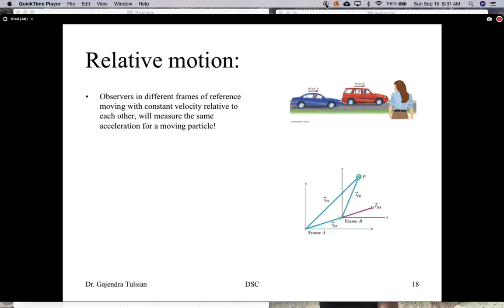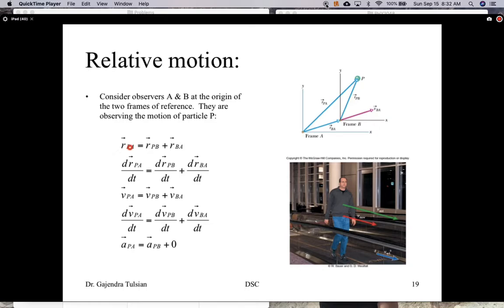RPA is the position of the bird according to the person standing on the ground, and RPB is the position of the bird according to the person in the car. And so this vector is this vector plus this vector, RPB plus RBA.